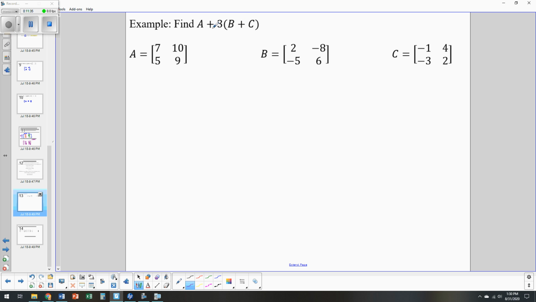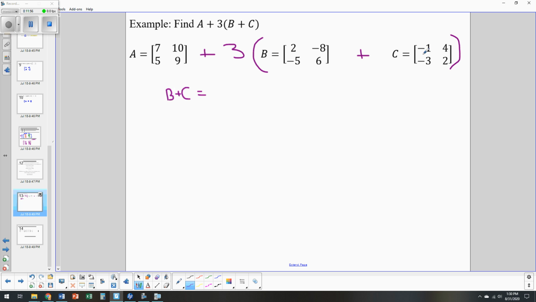So I'm going to do the addition first. I'm going to just show B plus C first, because it's going to be a lot on my computer to try to write this all out. So I'm just going to focus on B plus C. It's this plus this. And I'll even show the whole thing 3 times. That's what we're really looking at.